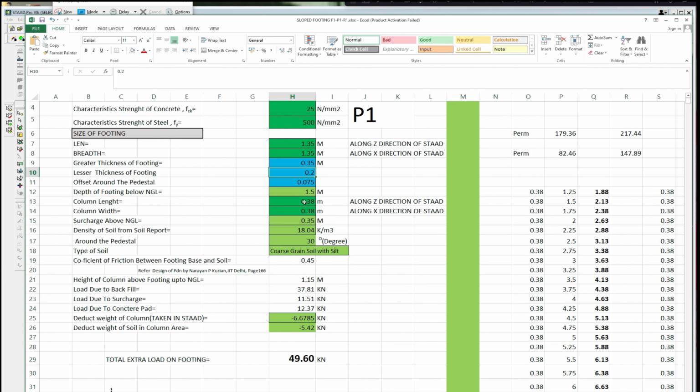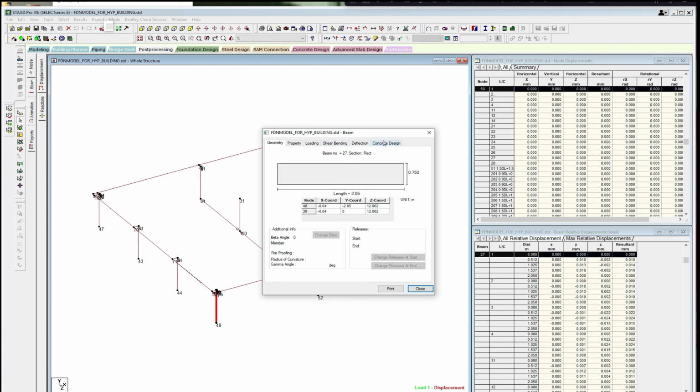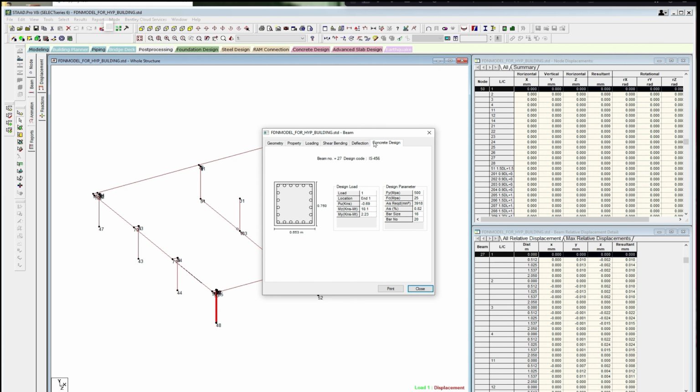This spreadsheet is made with respect to the x direction as the main direction. Our pedestal sizes were 0.75 by 0.653.